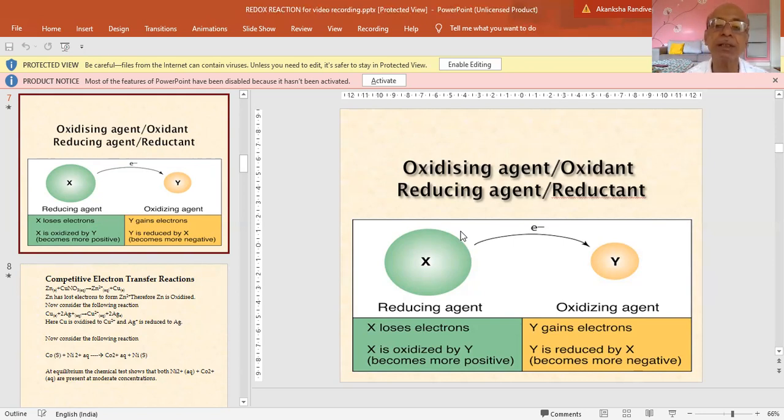That means X itself undergoes oxidation, and it carries out the reduction of Y, and therefore X is a reducing agent. And as X is a reducing agent, Y is an oxidizing agent, because Y gains electrons.